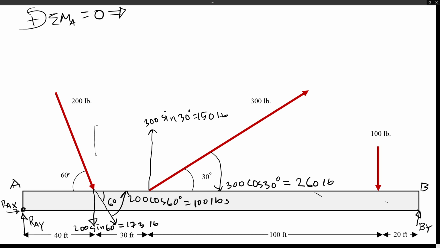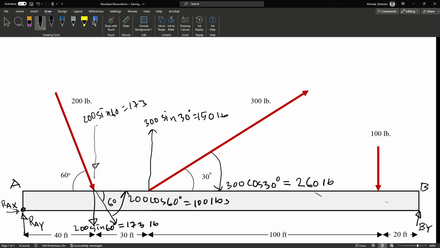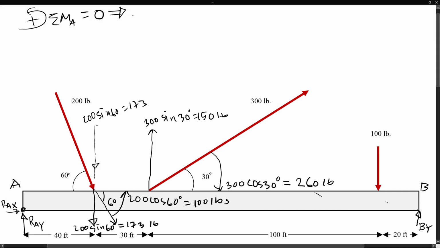However, the vertical component, 200 sine 60, that is 173, will produce a clockwise moment with respect to A, so that's a negative moment. That will be negative 173 times 40 feet away from point A.